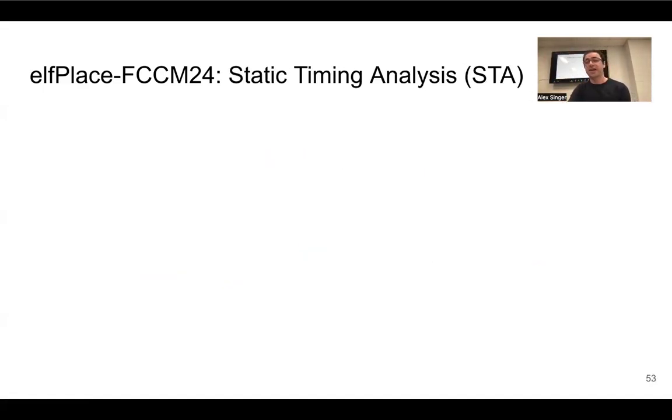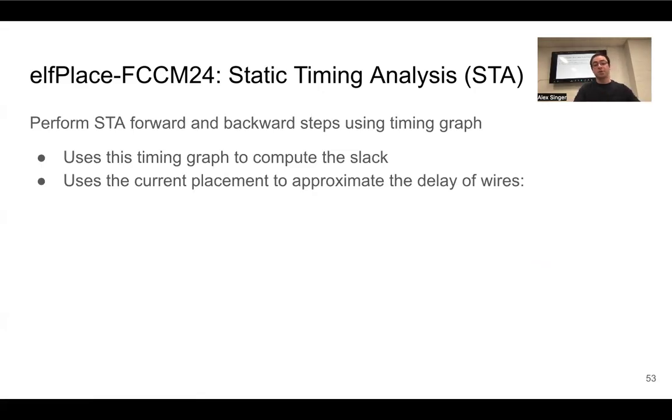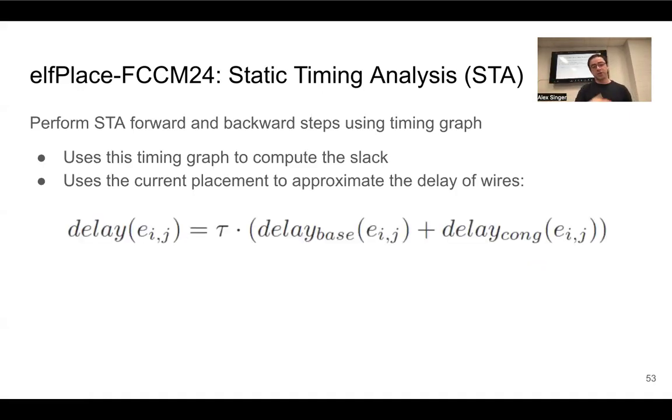How they do static timing analysis is actually very interesting. They perform the static timing analysis forward and backward steps using a timing graph. They use this timing graph to compute the slack, and they use the current placement to approximate the delay of wires, because as you're farther apart, the delay will change. So they say that delay is equal to tau times the base delay plus the congestion delay.